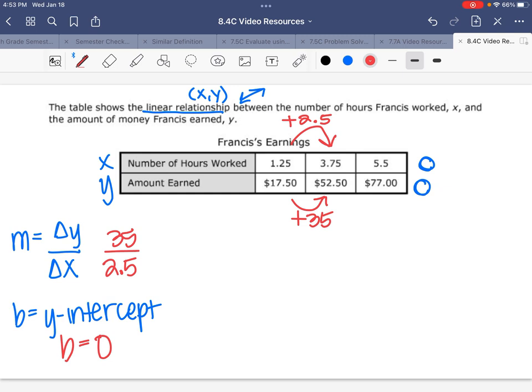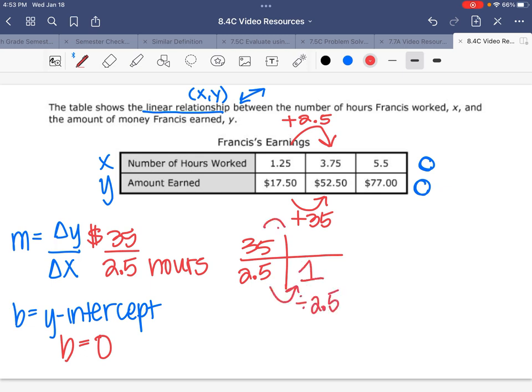So that tells me that Frances earns $35 for every 2.5 hours. Well, anytime you talk about hourly wages, that doesn't really help us. We want to know what she makes per hour. So I am going to divide 35 by 2.5, because if I know how much money she makes in 2.5 hours, I want to know how much she makes in 1 hour.